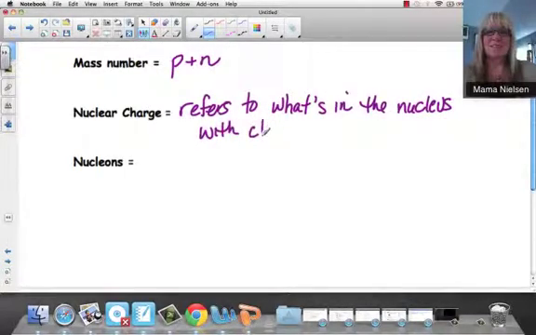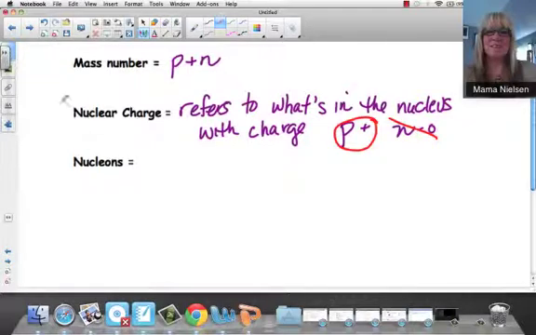There are only 2 things in the nucleus: your protons that have a positive charge and your neutrons which have a 0 charge. So the only thing that has a charge are the protons. So when we talk about nuclear charge, this is another way of asking what is the atomic number.